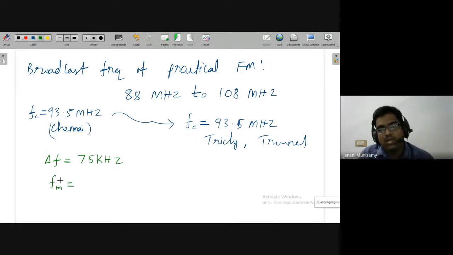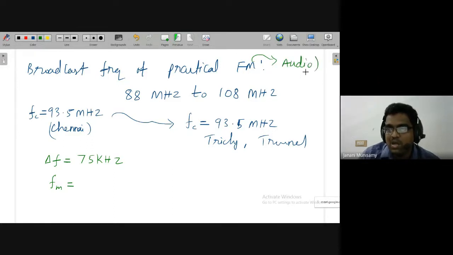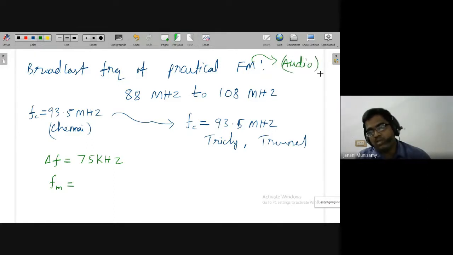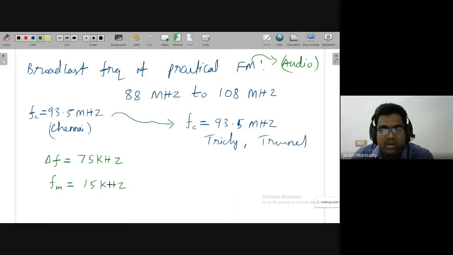We know FM is used for sending audio signals. Audio means a combination of voice and music. In general, the maximum audio frequency is 20 kilohertz, but almost 99% of the information is available within 15 kilohertz. That's why we restrict the frequency to 15 kilohertz.